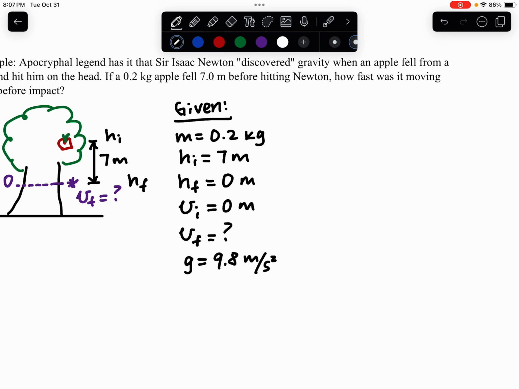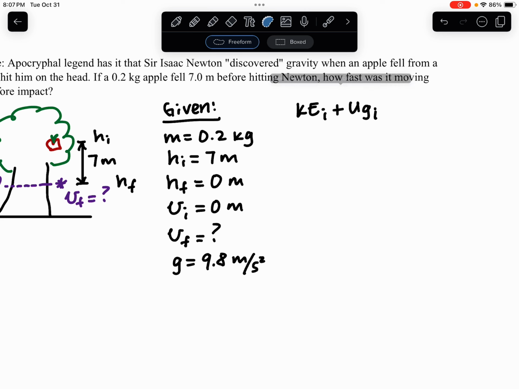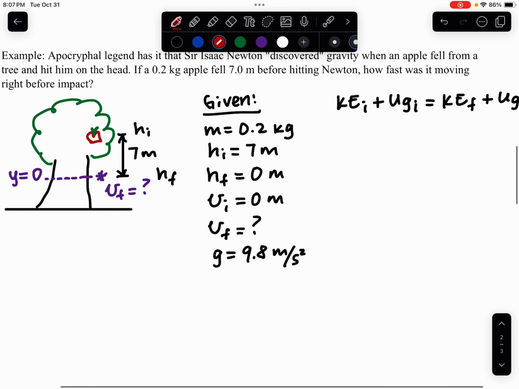So let's apply conservation of mechanical energy. Kinetic energy initial plus potential energy initial is equal to kinetic energy final plus gravitational potential energy final. At first, the apple was not moving, so there's no initial kinetic energy.